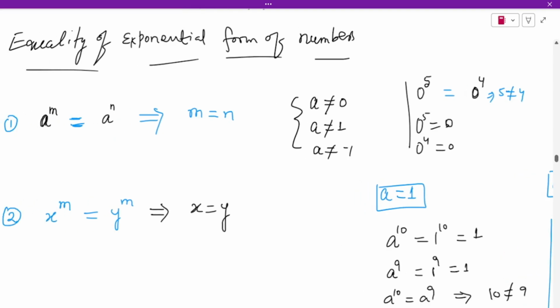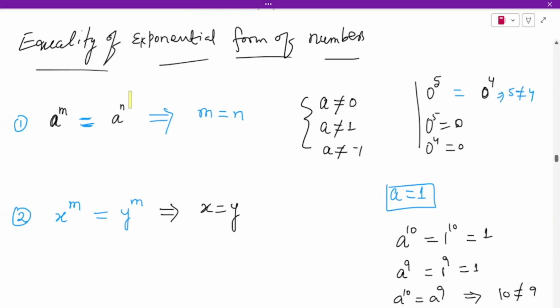So a to the power of m is equal to a to power n, these two exponential forms are equal, it means their exponent or power will be equal, except the base should not be equal to either 0 or 1 or -1. So this is a very important result in the equality of exponent. Based on this, we'll discuss a couple of questions.